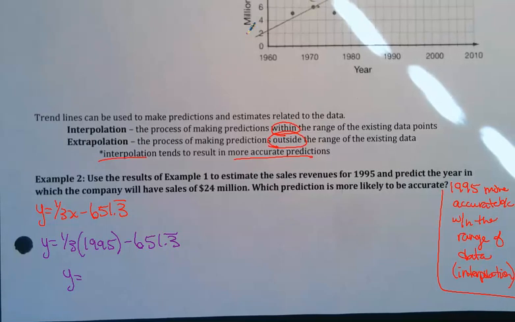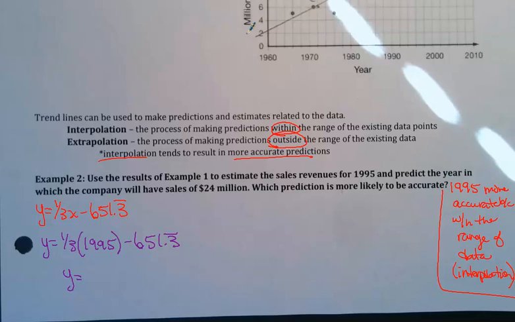So 1/3 times 1995 minus 651.3. Have you already done your math, August? Okay, I would compare it to what we got. You should have about the same. Well, that's why it would be handy to have a fraction, yes, instead.